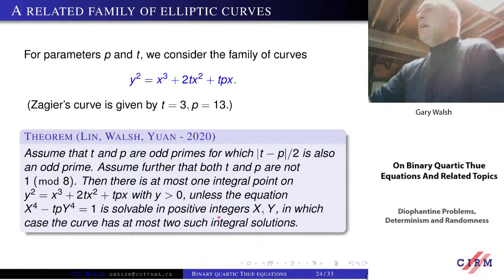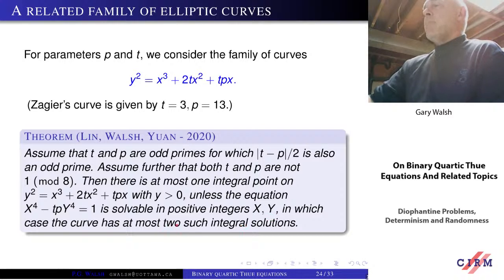So the t and the p are odd primes for which (t minus p) over 2 is also an odd prime. And furthermore, t and p have to be different than 1 mod 8. In that case, there is at most one integral point on this curve, y squared equal to x cubed plus 2t x squared plus tpx with y bigger than 0, unless the equation x to the fourth minus tp y to the fourth equal to 1 is solvable in positive integers x, y.